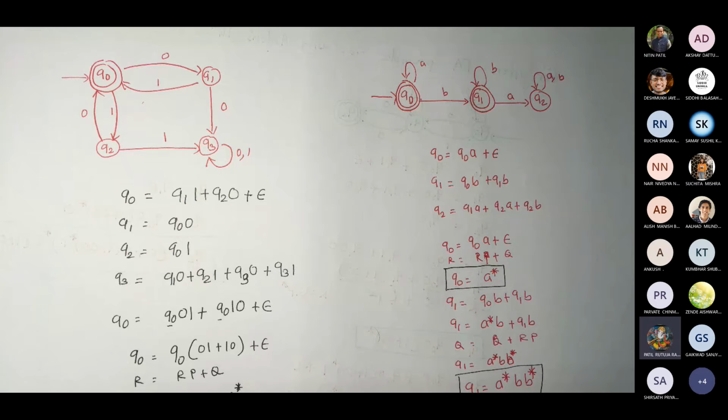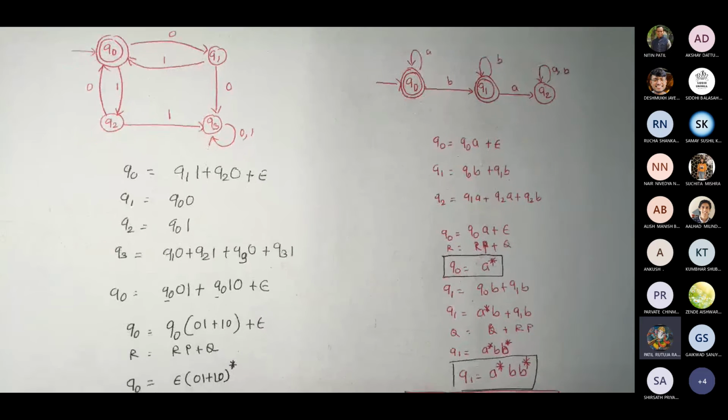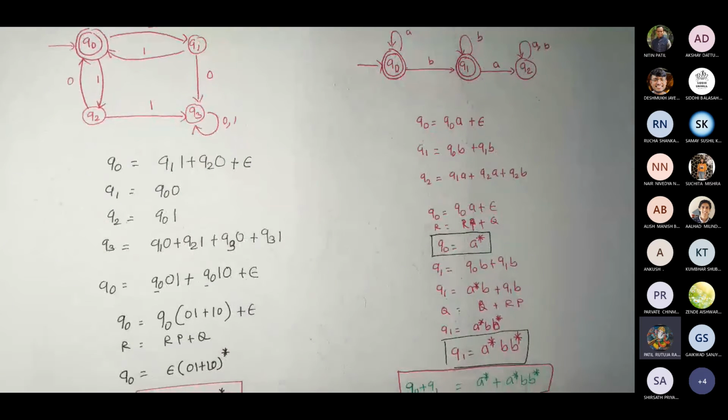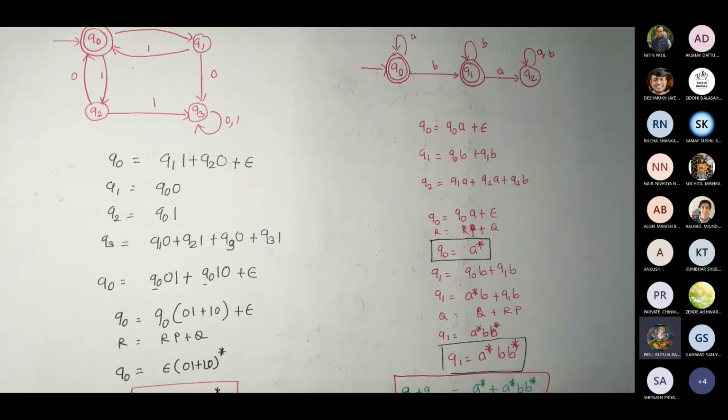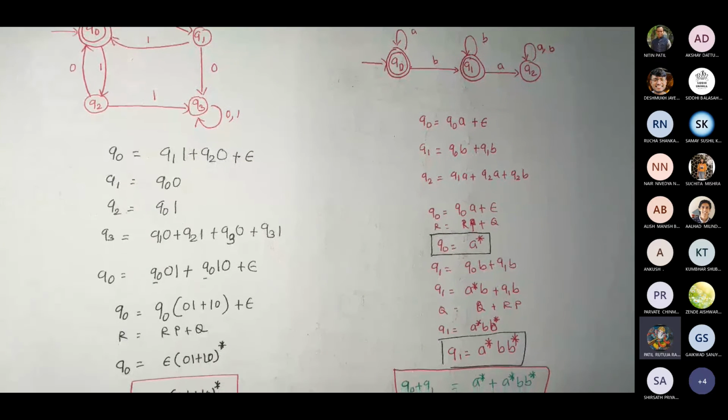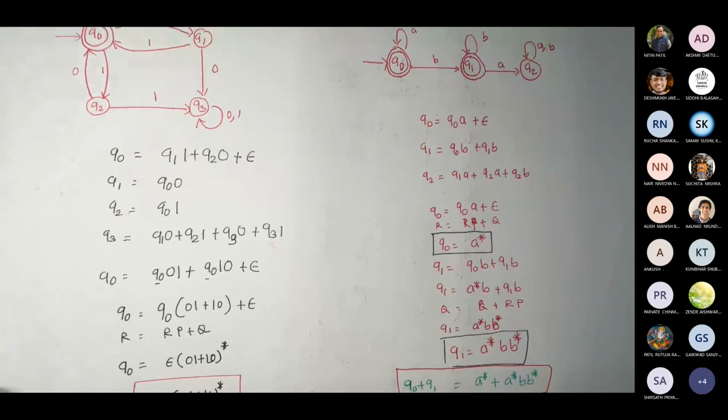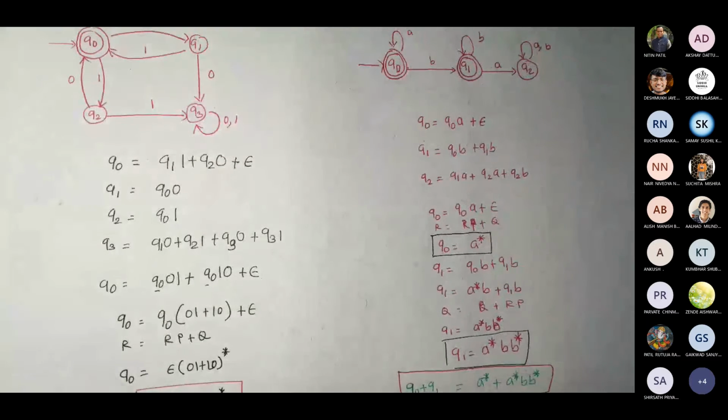We solve Q naught first, which has an incoming transition from the self loop, Q naught A plus epsilon, because it is in your rule to write the epsilon. It is the rule. Property. Okay.